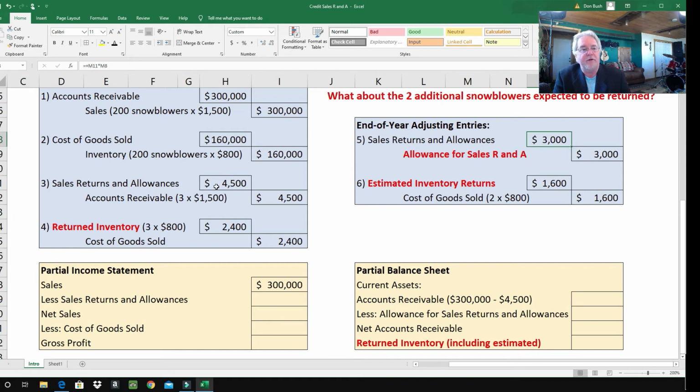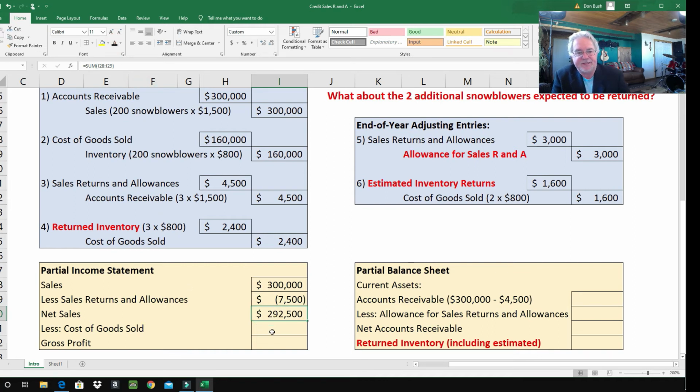So $4,500 plus $3,000 is $7,500. And I'm going to subtract this. I've got it as a negative number because this is a contra sales account. It goes against sales.